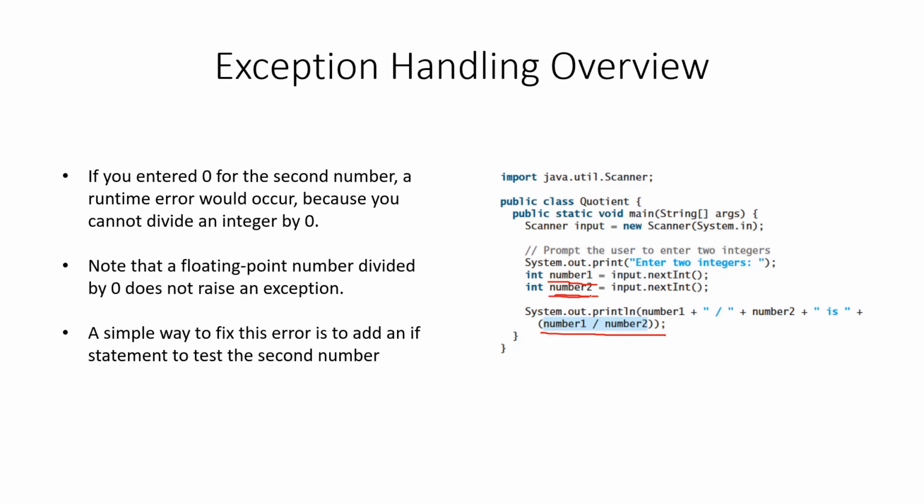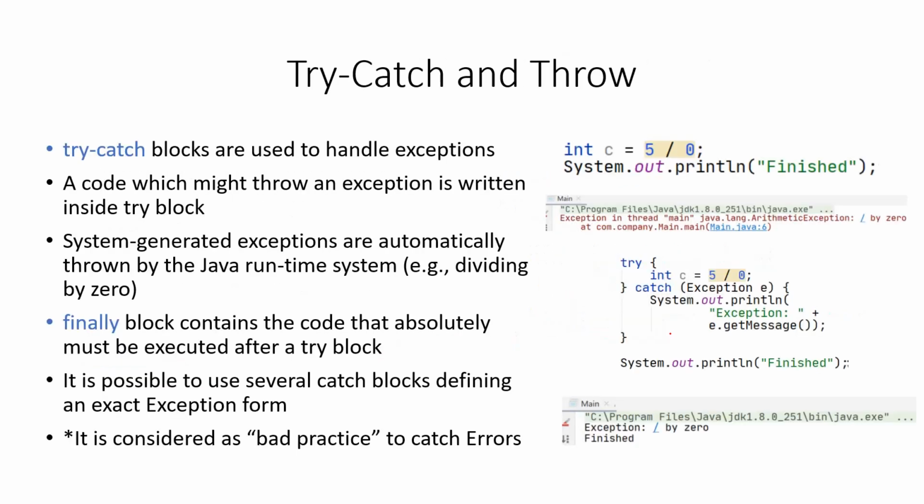If number 2 is 0, we get an error because we cannot divide by 0. To solve this problem, we can just add an if statement to test the second number. We can check if number 2 is equal to 0, then stop the wrong input and so on. But of course, we can also handle this case with exception handling.